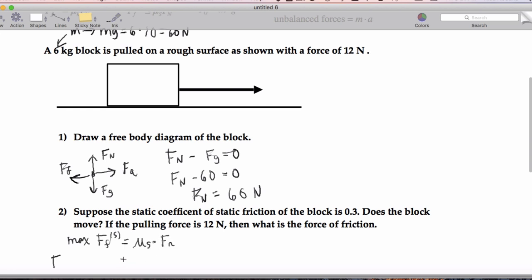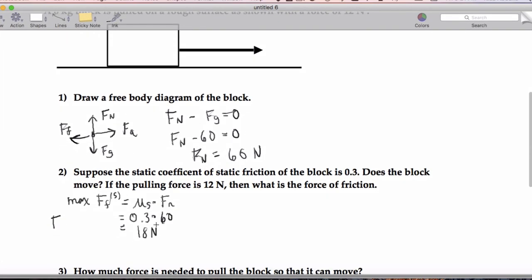In this case, that's 0.3 times the normal force of 60, which ends up being 18 newtons.